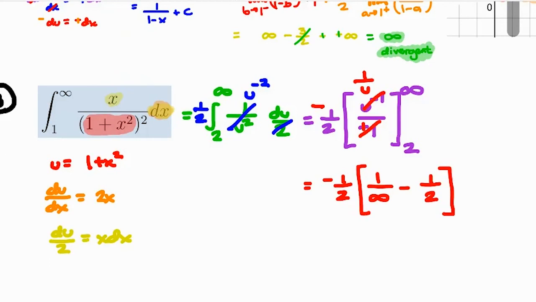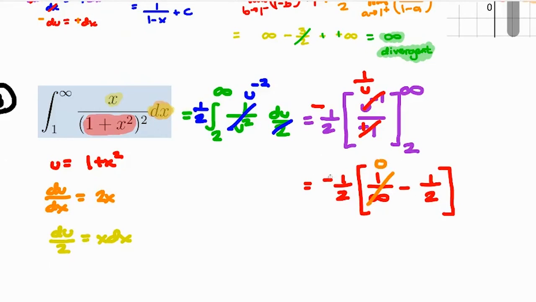What is 1 over infinity? Anybody, just yell it out. 0. Exactly. So this is 0 because if you have 1 pizza divided by infinitely many people, everyone gets nothing essentially. So you have 0 minus 1/2.